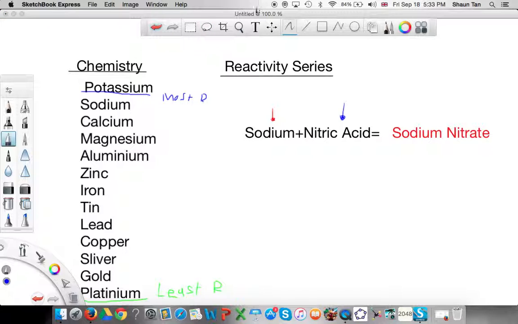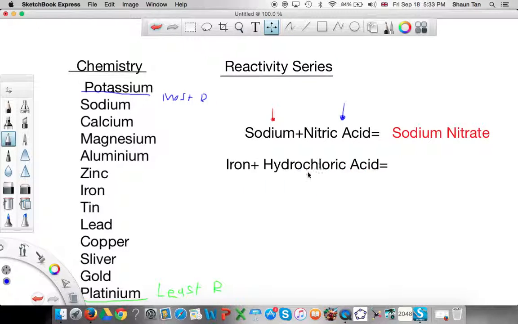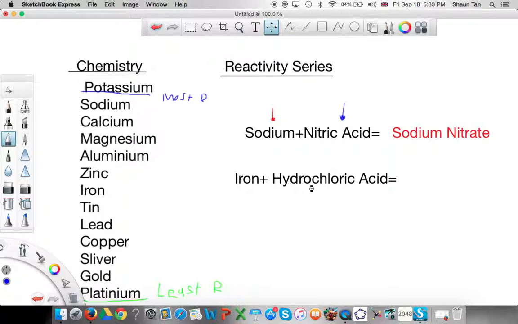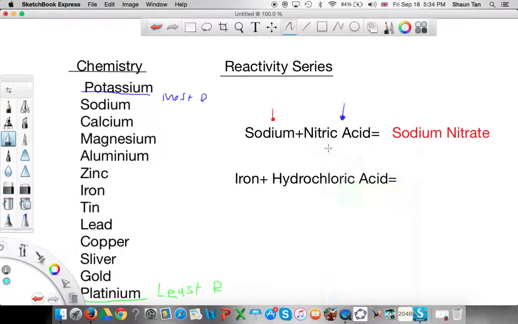Now, the next question. Iron plus hydrochloric acid. To do this question, we need to look at the reactivity series.